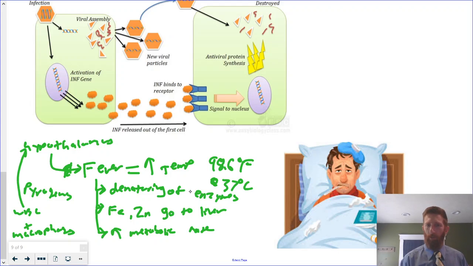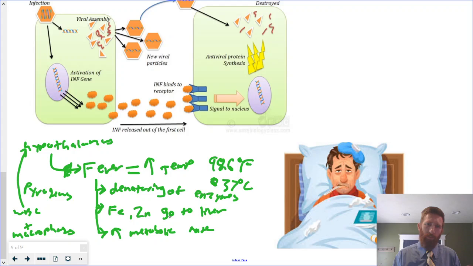Fever then denatures bacterial enzymes, hopefully not our enzymes, right? So fevers are really only useful for fighting bacteria. They're not really useful for fighting viruses. Sometimes our body doesn't know the difference and just says, well, we'll just give it a fever and that'll be good. There is a chance if you get too high of a fever, like 105 degrees, that it starts to denature our enzymes.